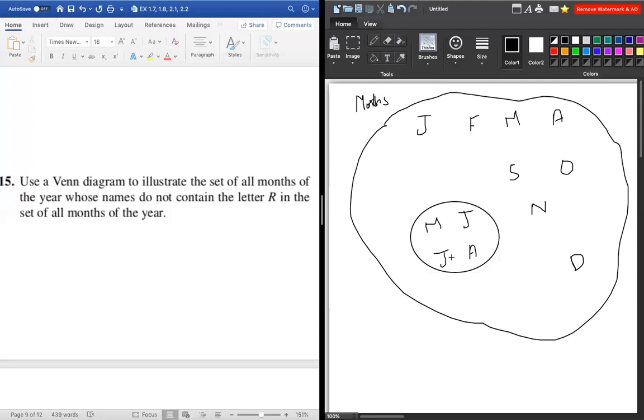So therefore, this set here is the set of all months of the year, and this is the set which does not contain the letter R in the set of all months of the year. So we have the all months set, and then in here we make a subset. One of you was asking about the subset. So this is basically a subset of the bigger set.